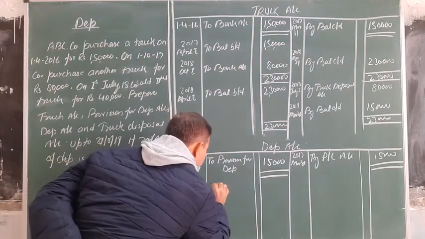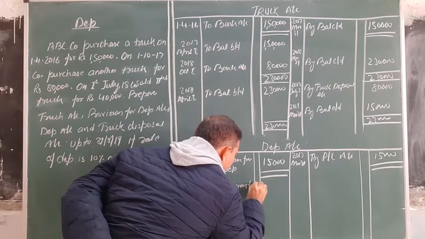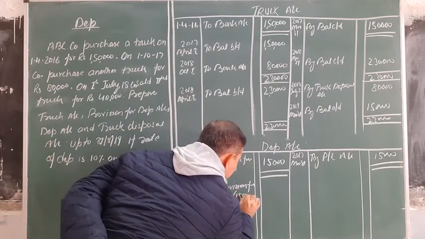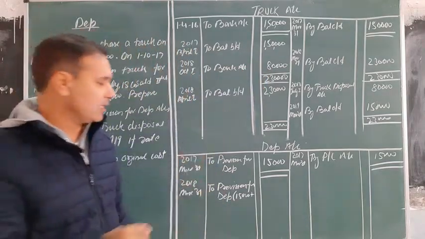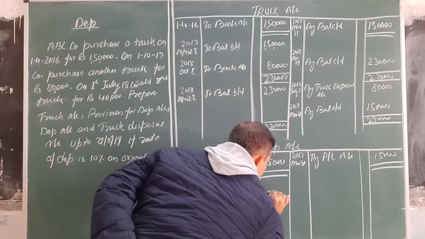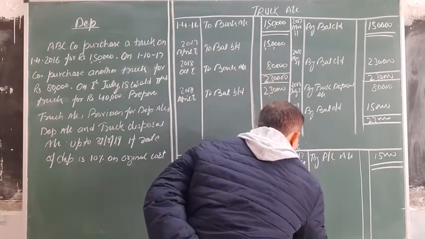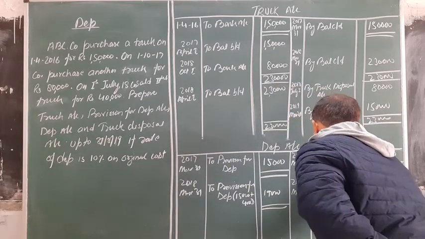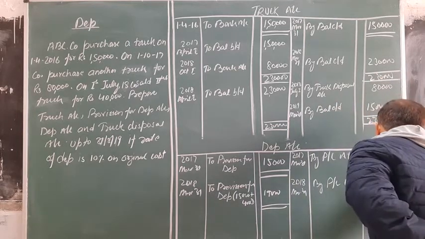So to provision for depreciation, 15,000 on the first machine, and the cost of the second machine is 80,000. For half year depreciation will be rupees 4,000. So total is 19,000. We will transfer it to P&L at the end of the year, 2018 March 31, by profit and loss 19,000.